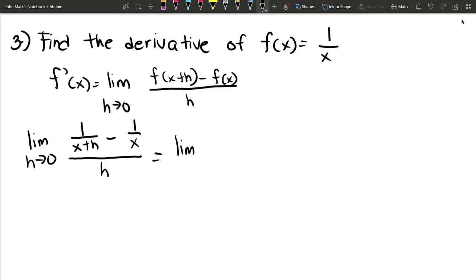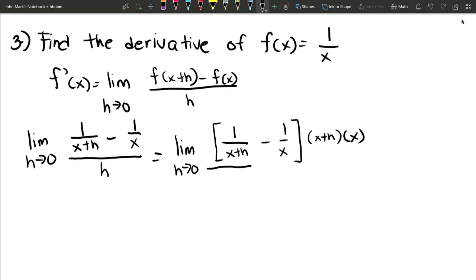We have the limit as h approaches 0. So, the LCD of x plus h and x is just x plus h times x. So, we will multiply x plus h times x yung buong numerator natin. Okay? Kasi yun yung LCD niya. So, 1 all over x plus h minus 1 over x, multiply natin ng LCD, by x plus h times x, all over h.